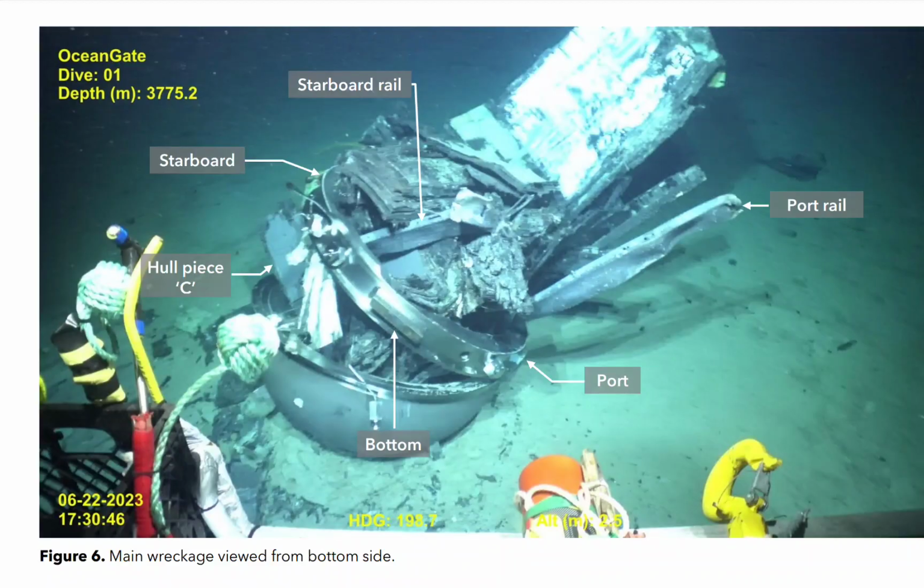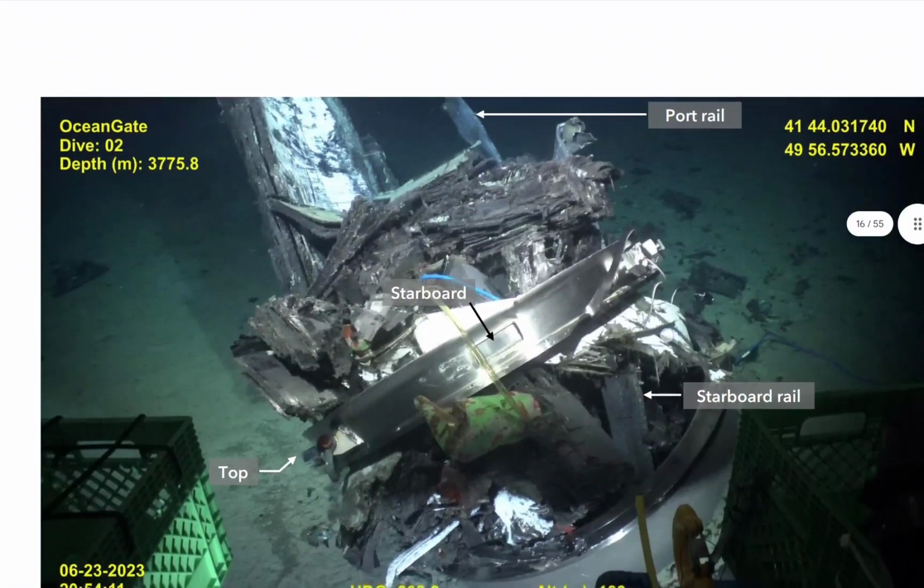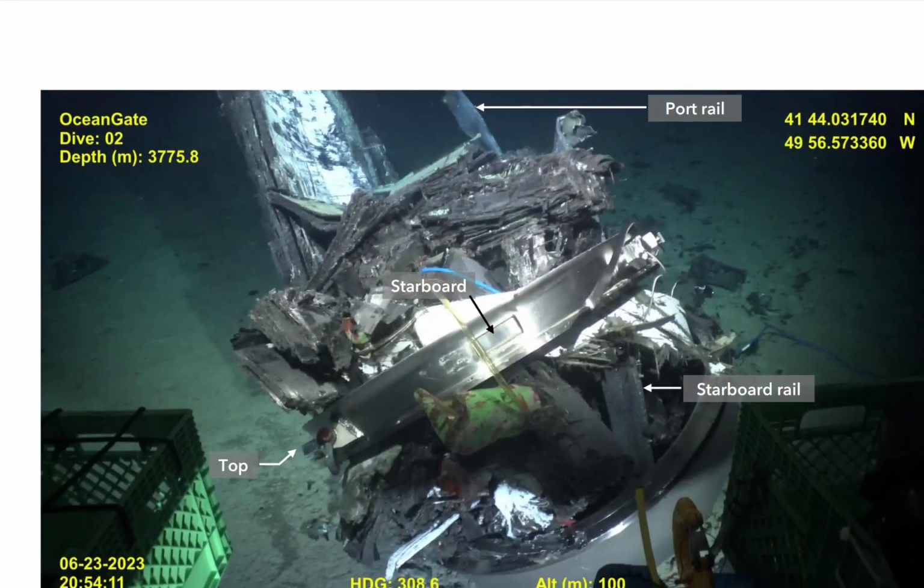So this is the starboard rail right there. Slide up one. And this identifies the starboard rail, the rest of it here. So that rail also came inside the vessel.